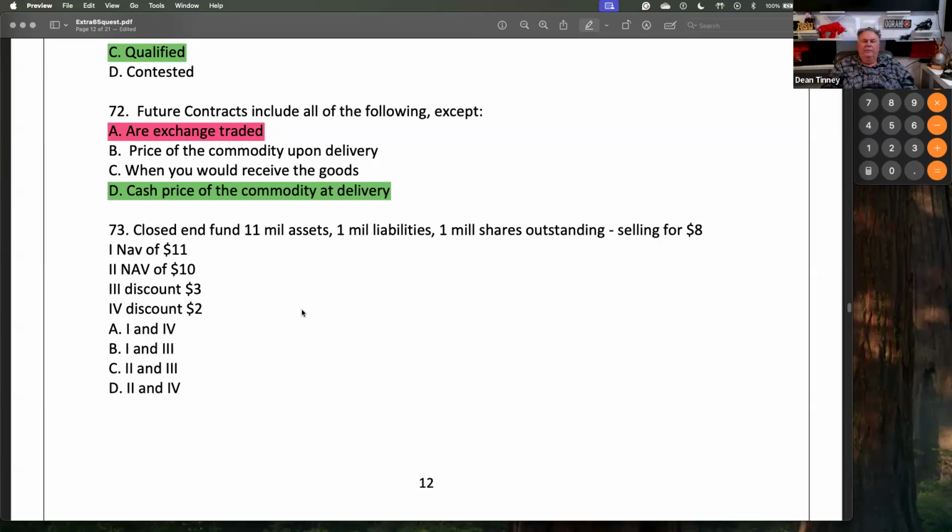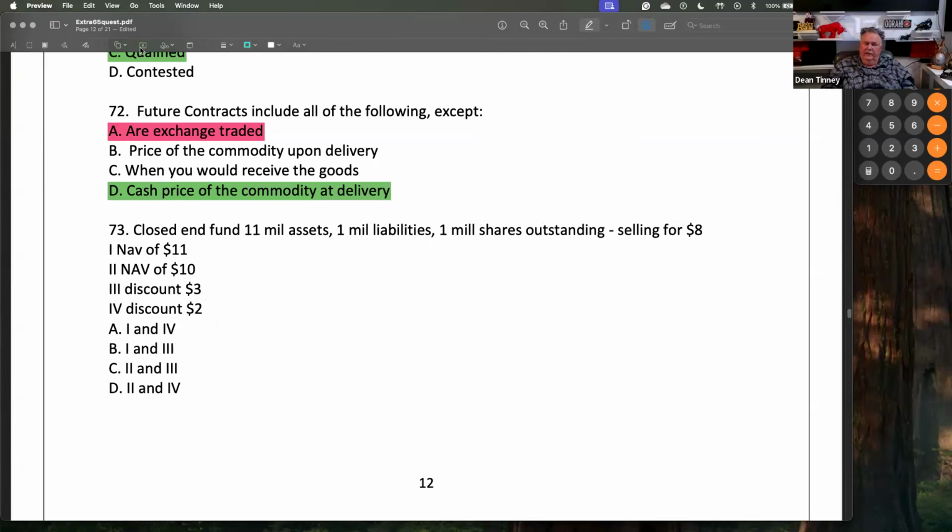We got you. The NAV would be the assets, 11 million minus the million liabilities, 10 million is net assets. We take the 10 million and divide by the million shares, and we find out the NAV is $10, Roman numeral 2. It's selling for 8. So if the NAV is 10 and it's selling for 8, the discount is 2.